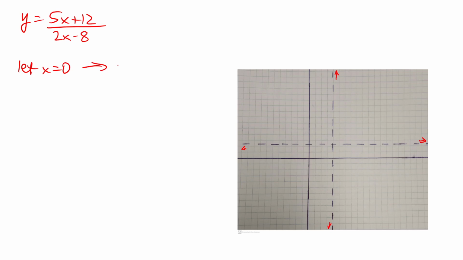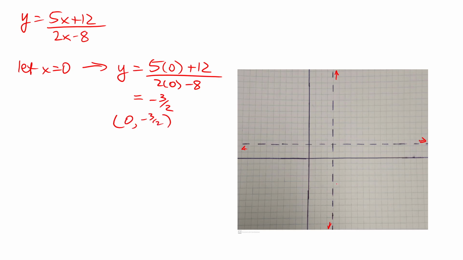When we do that, we get y is equal to 5 times 0 plus 12 over 2 times 0 minus 8. That's 12 over negative 8, or in other words, negative 3/2. So we have a y-intercept of 0, negative 3/2, which is right about here.